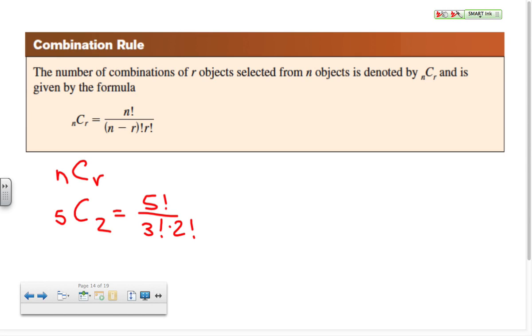Why would choosing permutations, or things in order, be bigger than choosing combinations? Permutations are actually larger than combinations. Why?